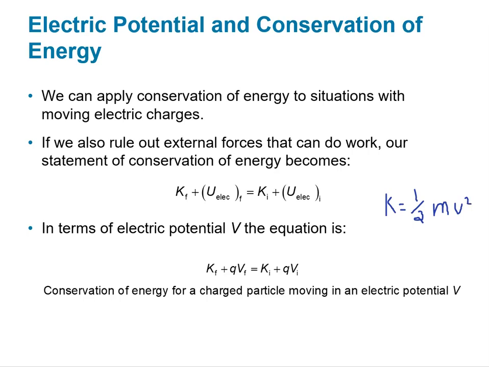So we're going to be talking about potential and velocity. Velocity is a lowercase v, potential is an uppercase V. So make sure you don't confuse those when they're both present in the same equation.